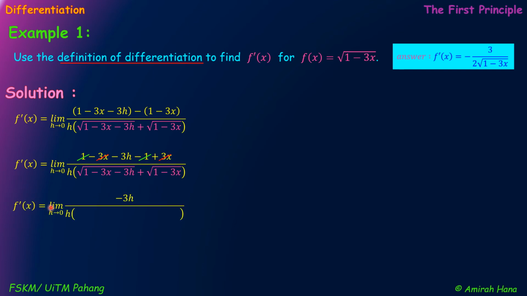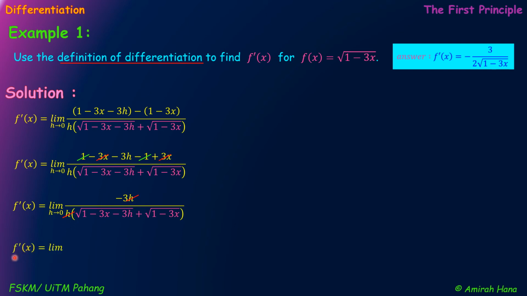f prime x equals the limit as h approaches 0. Now our numerator is only negative 3h, but we still have the same denominator, over h times the bracket of this function. From here, we can simplify h from the numerator and h from the denominator.